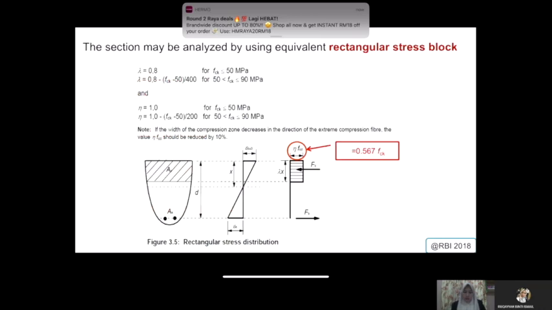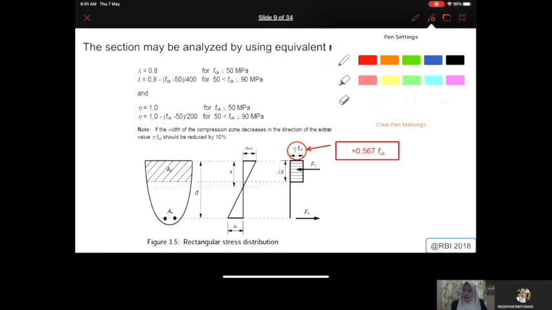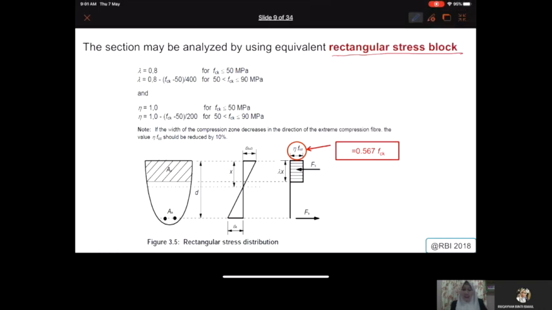So how do we analyze our pre-stress beam? We analyze it in terms of knowing which part is the compressive and which part is the tension. To calculate the ultimate moment resistance, we use the rectangular stress block.